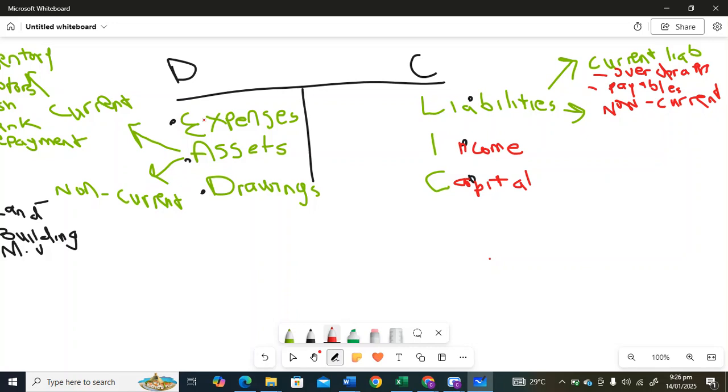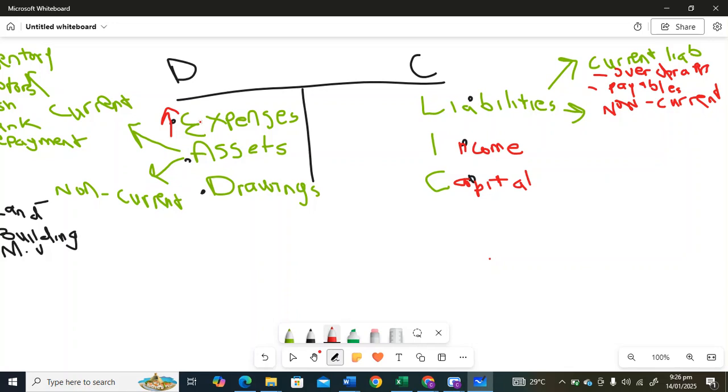If you incur any expense in a financial transaction, you debit that expense. Okay, if you read the transaction and you say an expense was paid, that expense you're going to debit it. Always just remember that. Anytime just an expense, debit it.